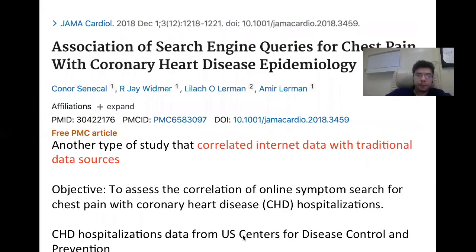Another interesting type of study is a correlation between the internet data and traditional data sources of the disease. In this study, the objective was to assess the correlation of online symptom search for chest pain with the actual occurrence of coronary heart disease hospitalization in that area.